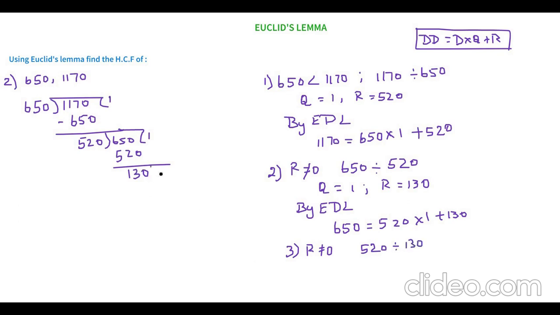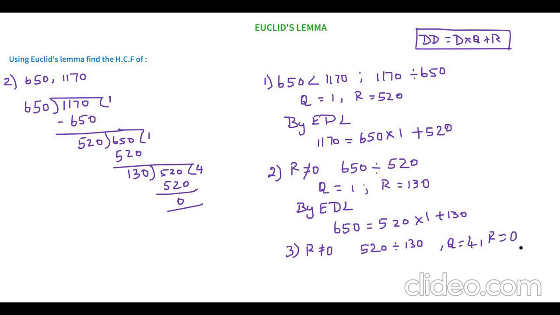So when we further divide this, 130 times how much is 520? It is 4. So 520, and we get our remainder 0. So here our quotient is 4 and our remainder has become 0.